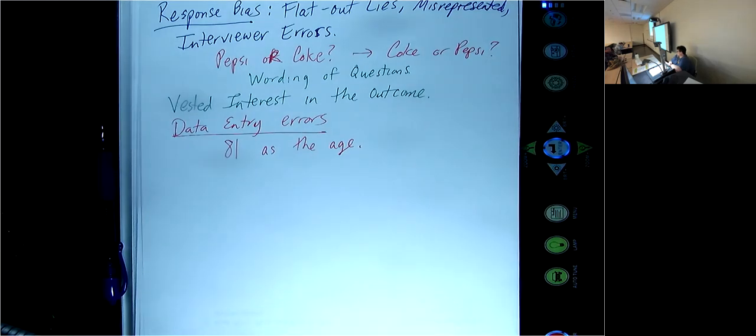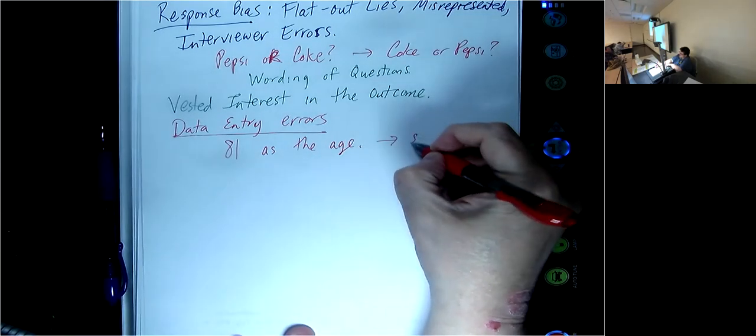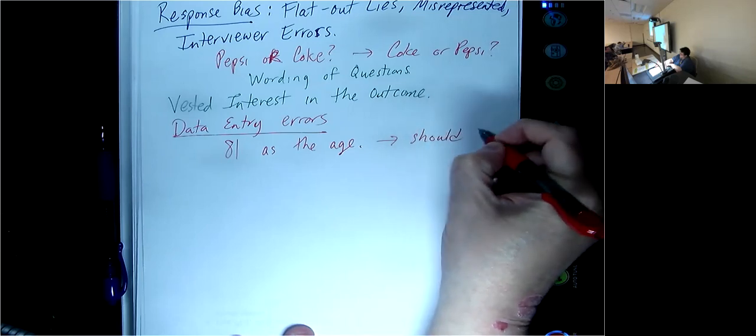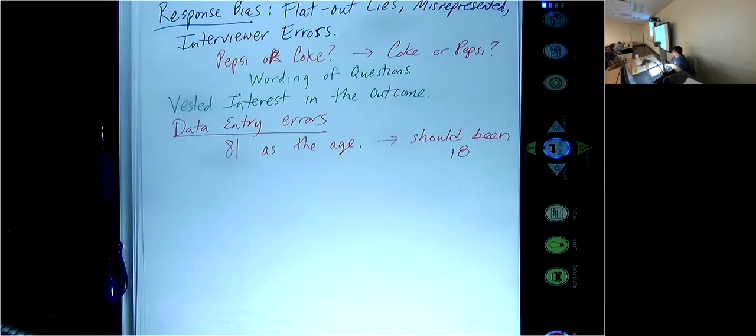We might even have some that are in their 70s. I strongly doubt there's many. And I don't know if there's any that are in their 80s, because you start moving real slow, or you've got better things to do with your time than go to college when you're 80. I'm pretty sure it should have been 18. They were typing fast and they transposed the numbers. That's a data entry error.